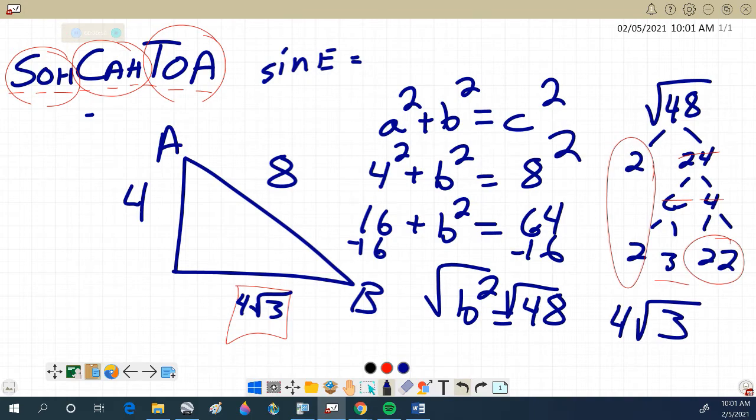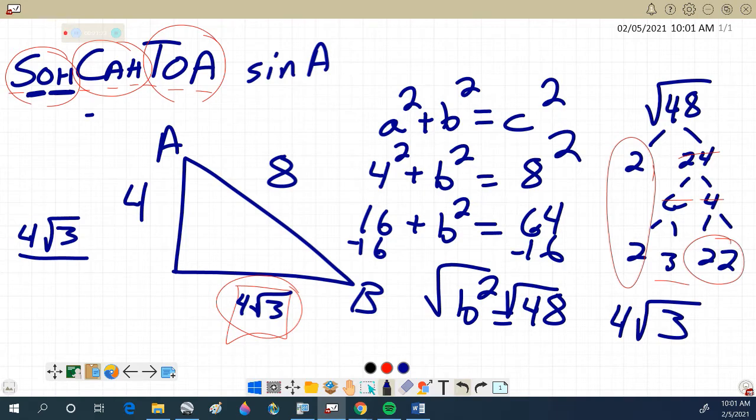Okay. Now, I want the sine. Let's say I want the sine of A. What would the sine of A equal? Well, sine is O divided by H. What side is O? 4 root 3. What side is H? 8. Does that simplify? Well, 4 over 8 simplifies to be 1/2.